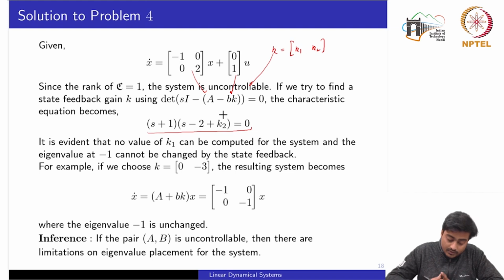And this inference you can also obtain by using the uncontrollable decomposition, and then extracting the controllable part and the uncontrollable part. So the controllable part would be this one, and the uncontrollable part would be this one. And since the uncontrollable part has its eigenvalue on the left-hand side, this system would at least be stabilizable.